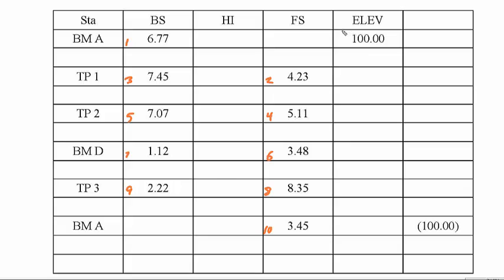We said that to create an HI, we have to add the elevation where the rod is sitting on the backsight. We have to add that elevation to the backsight reading. So the sum of those two, you can see in this case, will be 106.77.